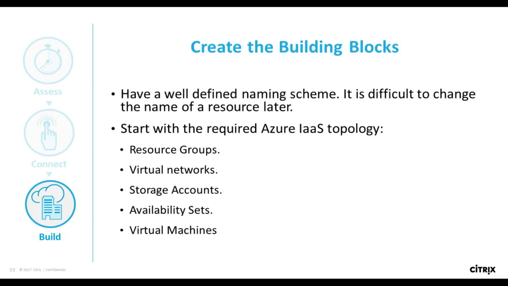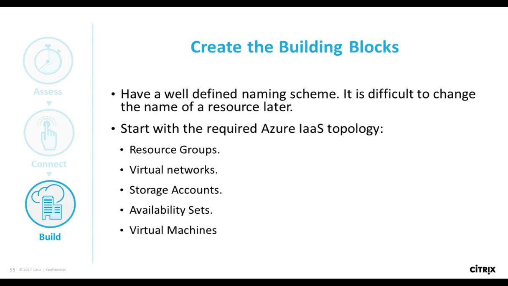The first piece comes to setting up that Azure or AWS infrastructure, whether it be creating your resource groups and delegating role-based access control permissions to subsets based on your Citrix team, your storage team, your network team, or setting up a VPC and building out the networking for that.